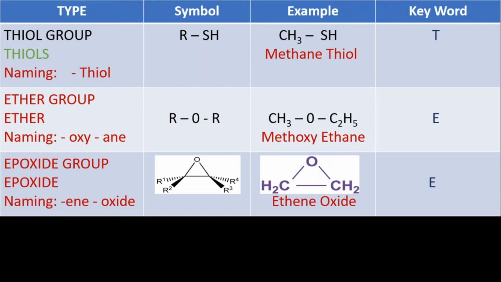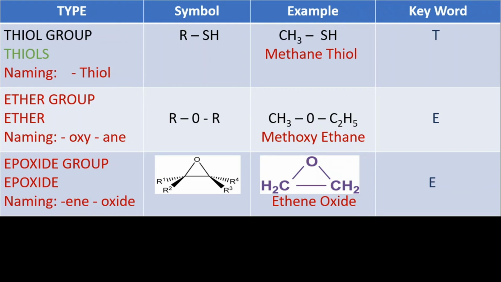That is why this group is called thiol group, due to the presence of sulfur atom. So whenever a thiol group gets attached with an alkyl group, the new organic compounds produced are called thiols. They contain SH group. That's why they are named as thiols.